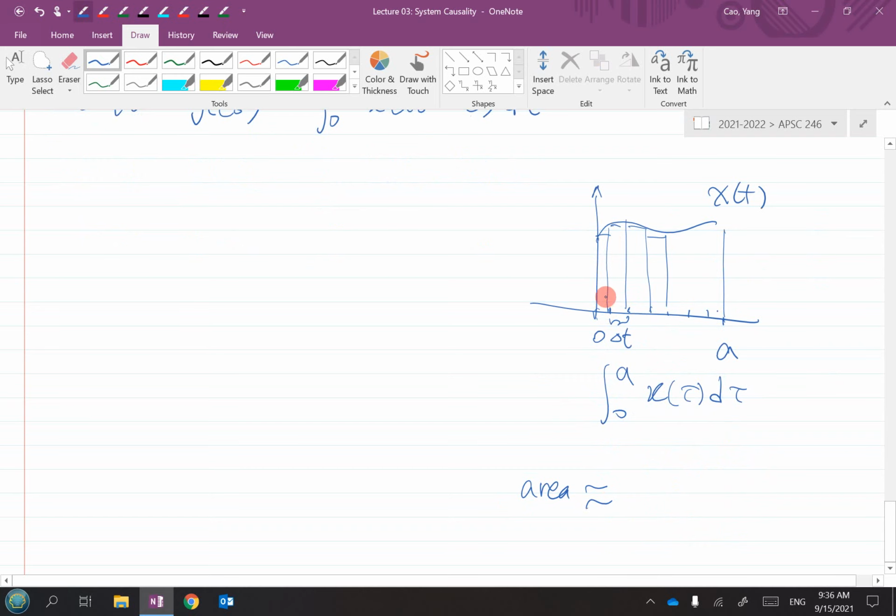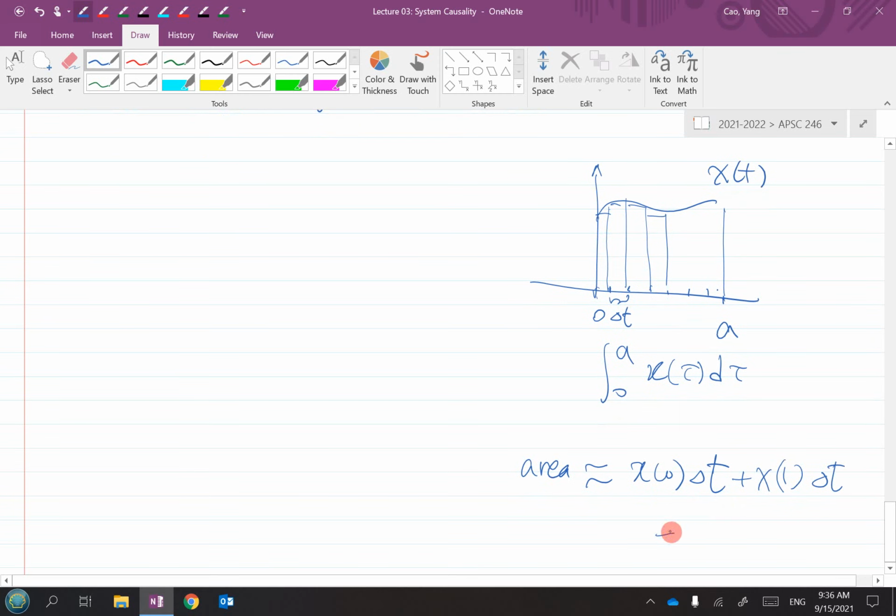The height here, let's call it x of 0 times delta t, and the next one is x of 1 times delta t, and then you add up to x of n times delta t. So you have n rectangular boxes, you add the areas up, and you get approximately the total area underneath the curve.